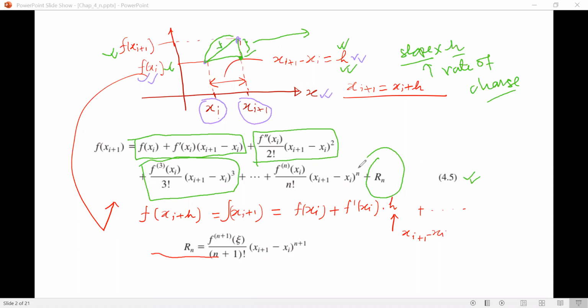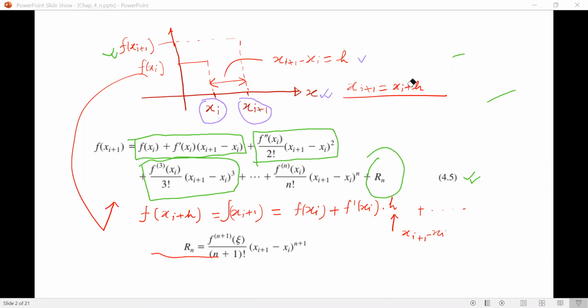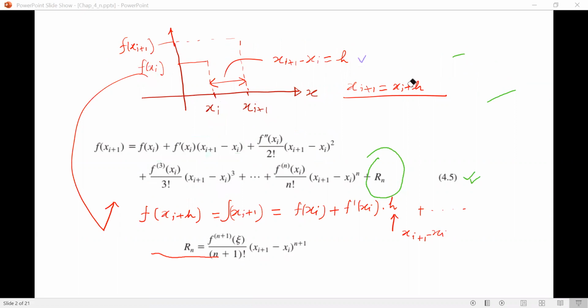This type of situation might occur in some cases. Then we'll discuss it. We will refer to some particular issues when they arise. So in this way, you can have your approximation by using your Taylor series, and truncation error will be there.